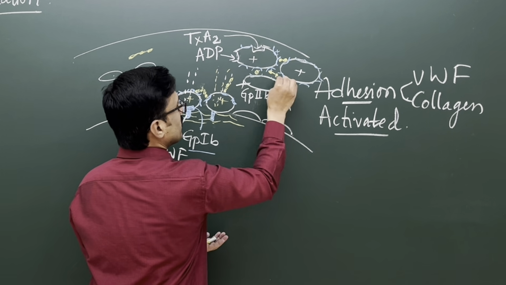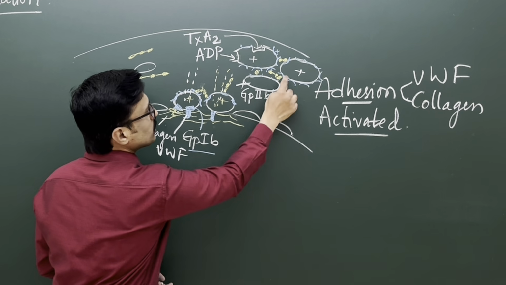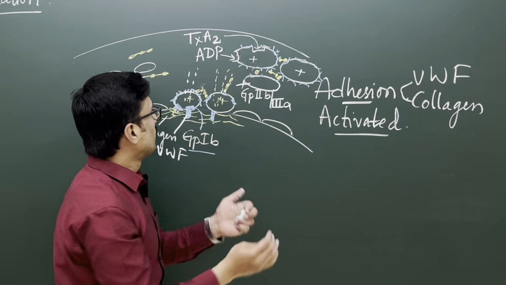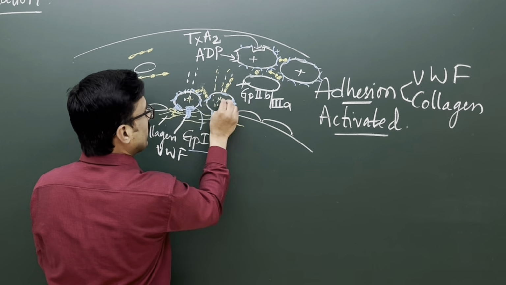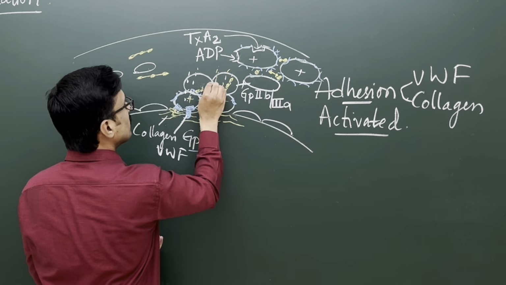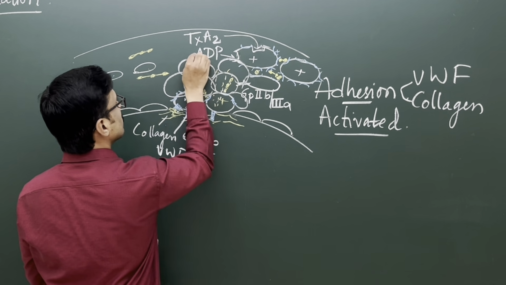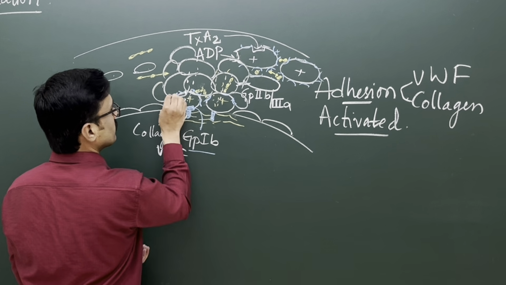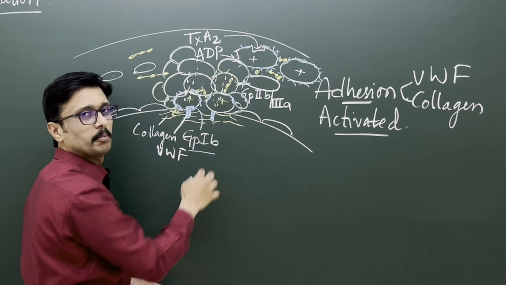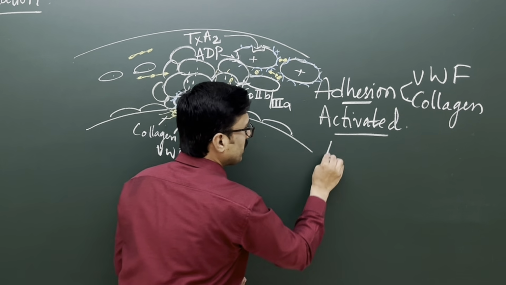Fibrinogen sticks to the neighboring activated platelets, and all these will get aggregated. This aggregated platelet mass results in formation of a plug. We call this the platelet plug, covering the injured site. The hole is plugged by the platelets accumulated here. So these are aggregation of platelets.